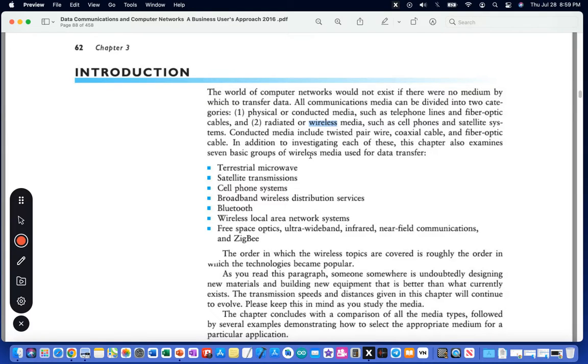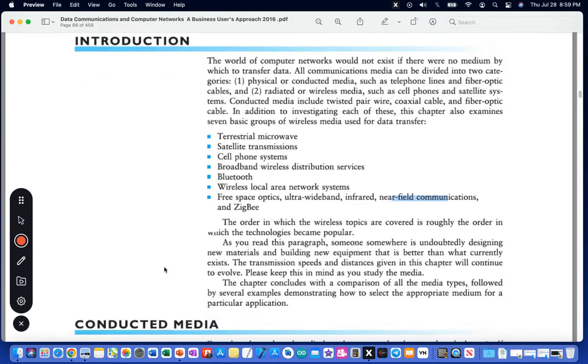And the wireless includes the terrestrial microwave, the satellite microwave, the cell phone systems, the broadband wireless distribution, the Bluetooth, it's also a wireless distribution, or the LAN, microwave LAN, and the free space optics, the ultra-wideband, the infrared. Infrared is also wireless communication, near field communication, when you put the phones close to each other's.